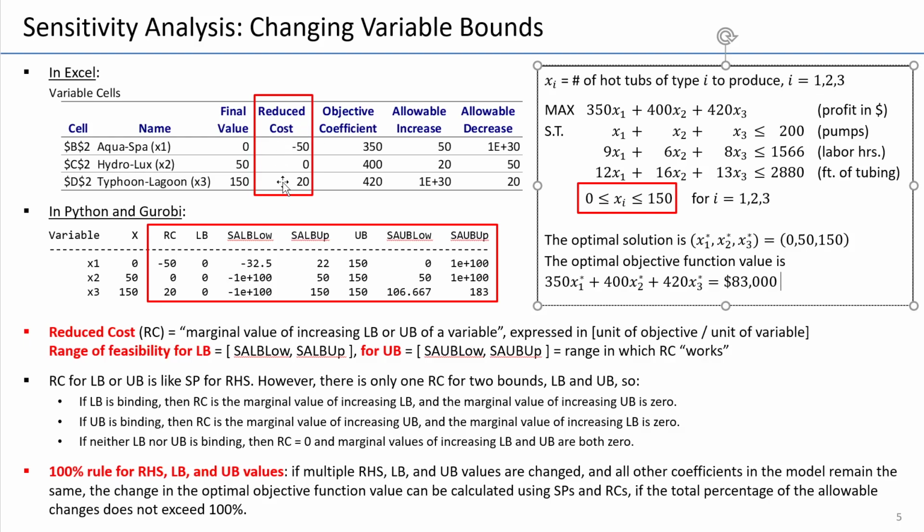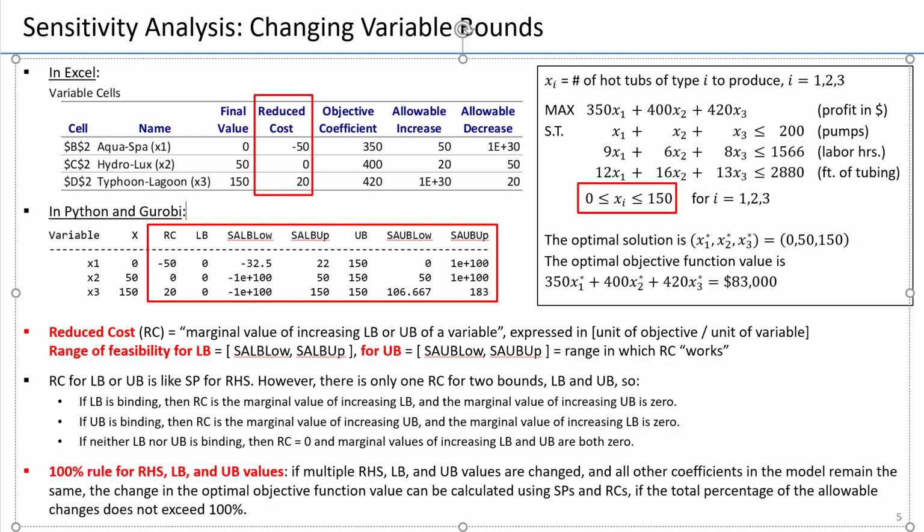And you see in Excel, unfortunately, the sensitivity information in terms of changes to the upper bounds and lower bounds of decision variables is limited. We are only provided with reduced costs. However, in Gurobi, you can also get a certain range for the lower bound and a certain range for the upper bound in which the reduced cost can be applied.